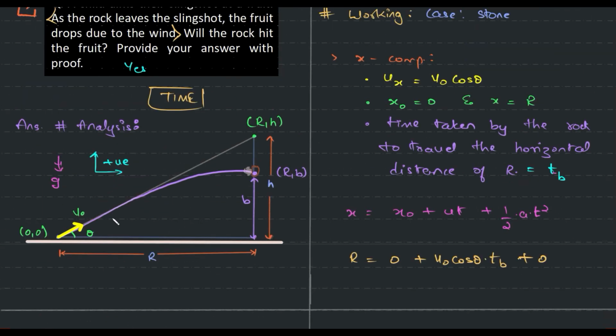So see, the funda is quite simple. If I'm able to reach this in 5 seconds, then I'll also be able to talk about how much time the rock will take to reach this height. And during the same time, if the apple or the fruit is able to reach the same height, then we have the answer. That's it. At the same time, if both are reaching, they'll hit each other. That's what we're trying to figure out.